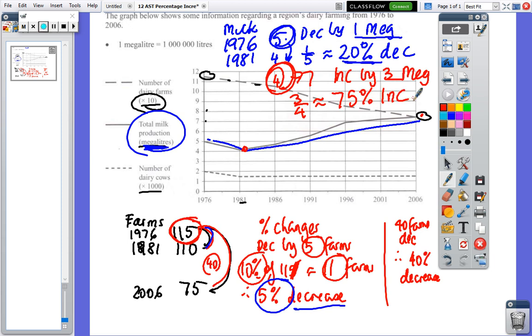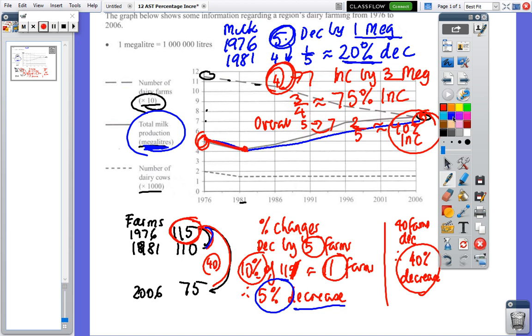Overall, it's gone from 5 to 7, so it's changed by 2, which is a 40% increase. The number of farms has decreased by 40%, yet milk has increased by 40%, which is an interesting comment to point out.